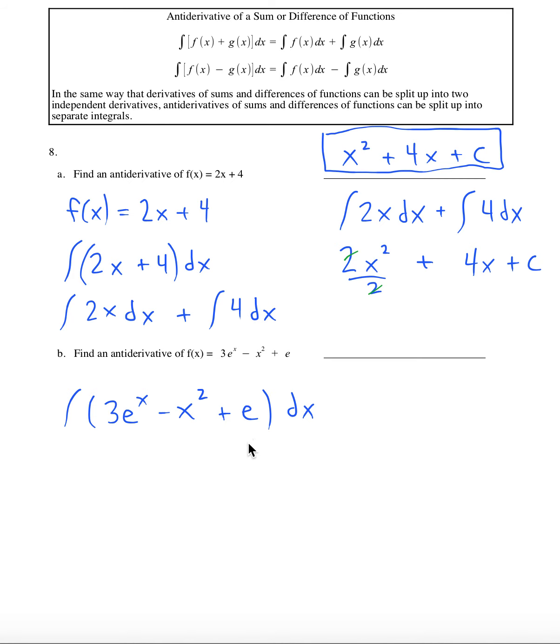We got three terms separated by subtraction and addition. What we want to do is break them up into three separate entities and take the antiderivative of each. And then put those signs between them.